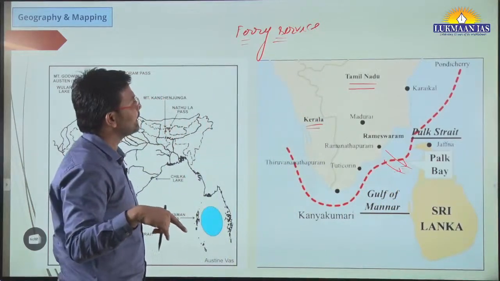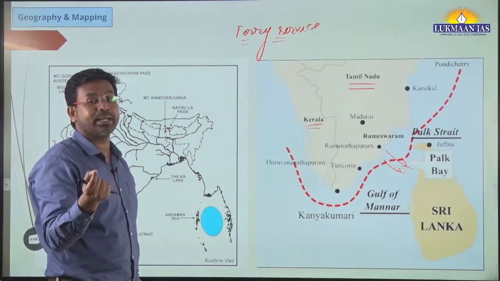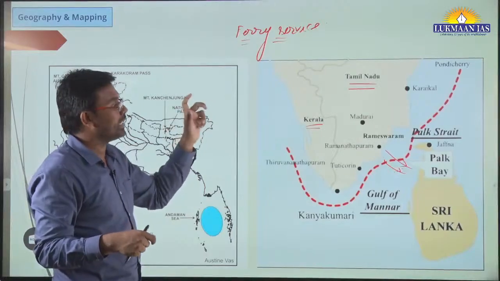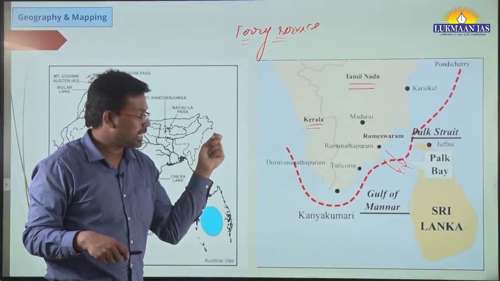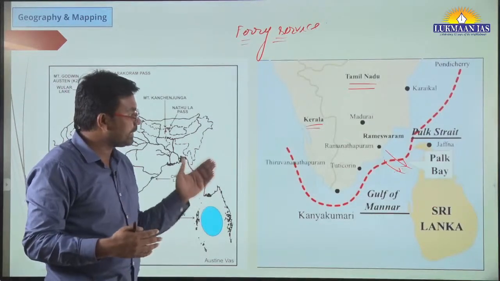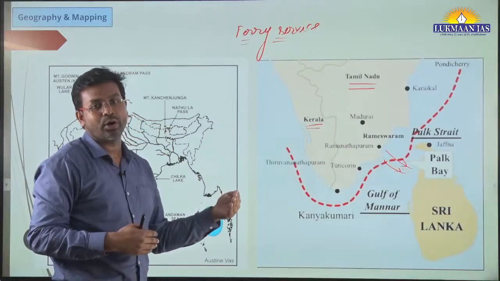However, in this article they have talked about how presently the cost of the ferry service is comparable with the cost of air routes, if people want to travel by air. So if they want to make the ferry service work better, they have to reduce the cost.